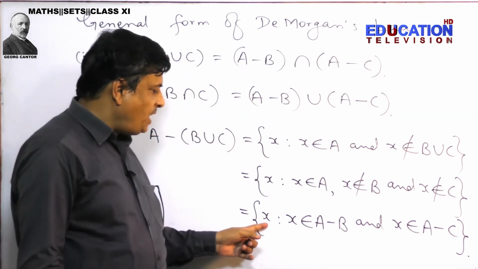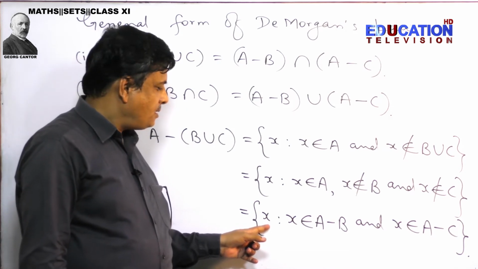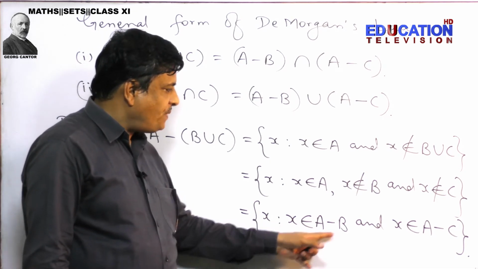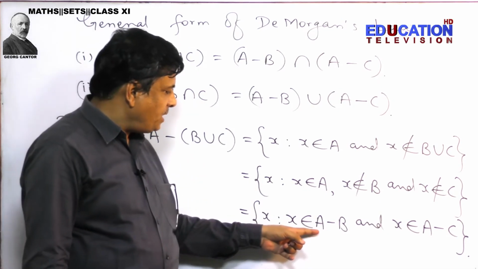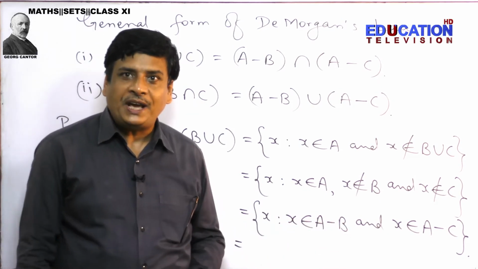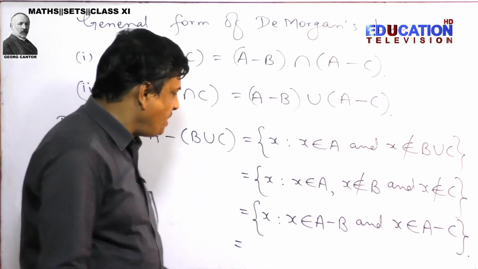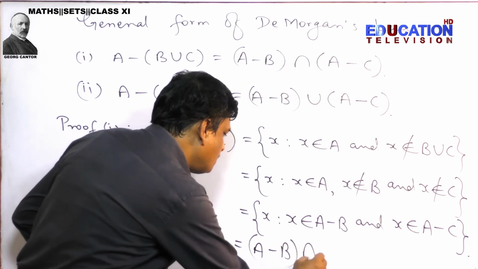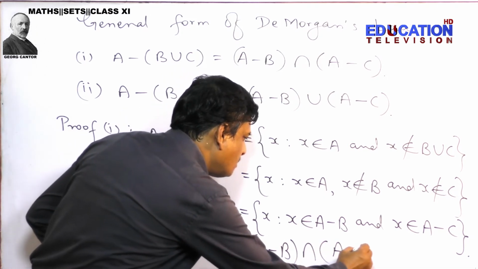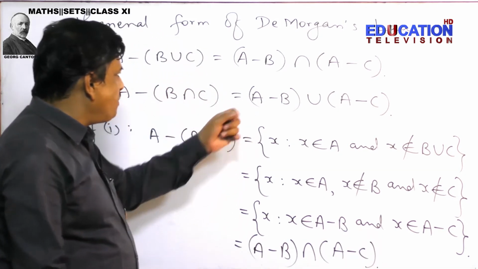So it is a set of elements x such that x belongs to A minus B and also x belongs to A minus C. So it is the set formed by the common elements of A minus B and A minus C. So it is the intersection of these two. This is what we have to show.